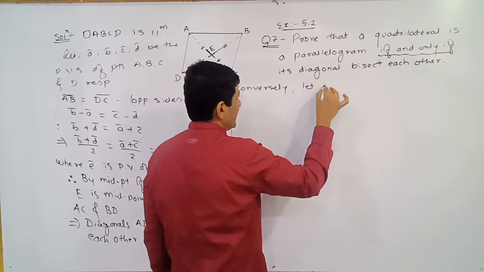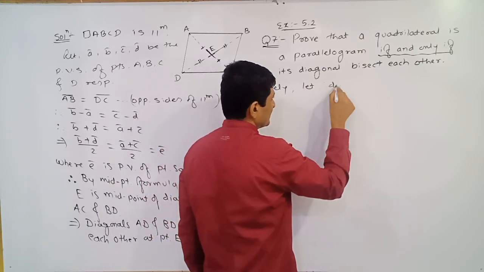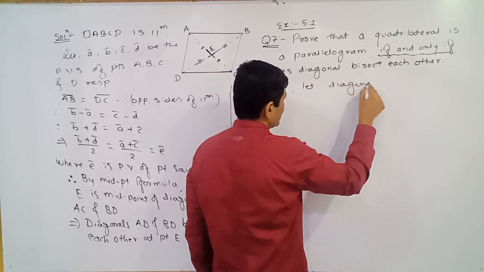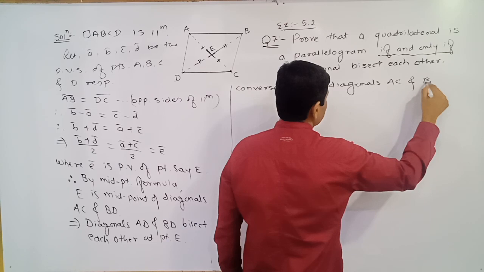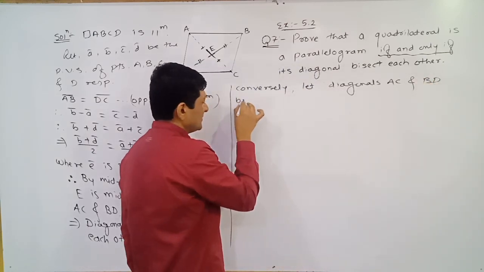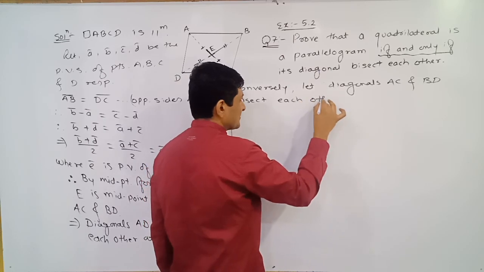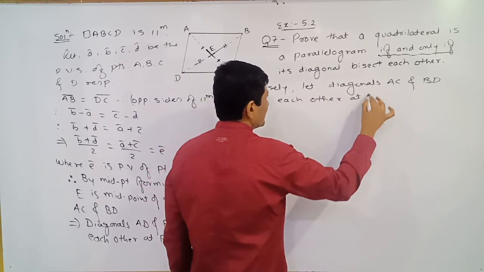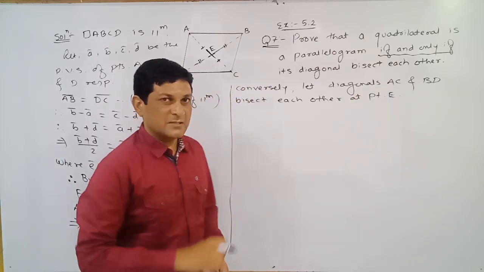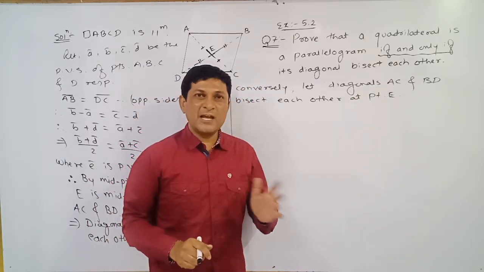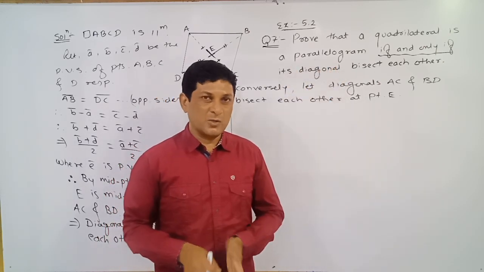let the diagonals AC and BD bisect each other at point E. Now I am supposing that the diagonals bisect each other at point E. If the diagonals bisect each other, then we have to prove that the quadrilateral is a parallelogram.